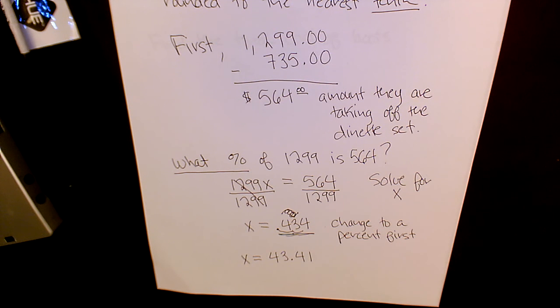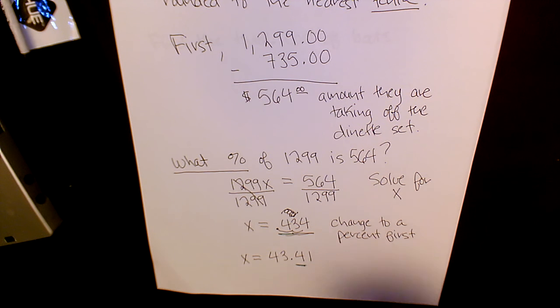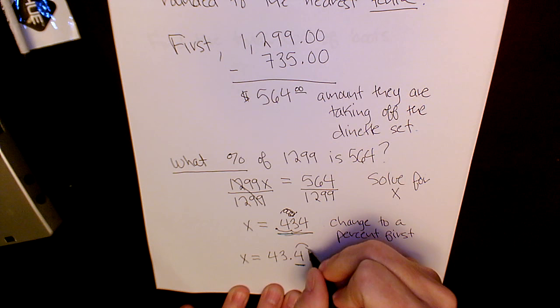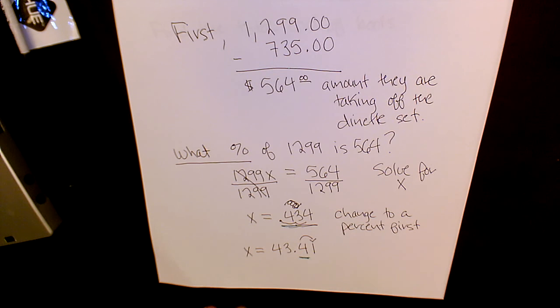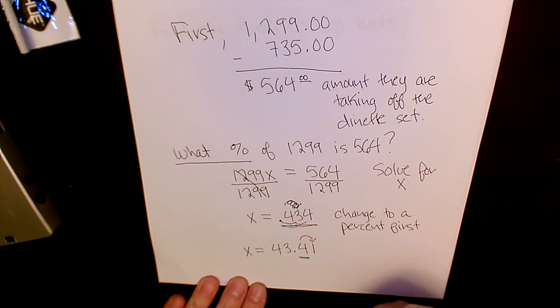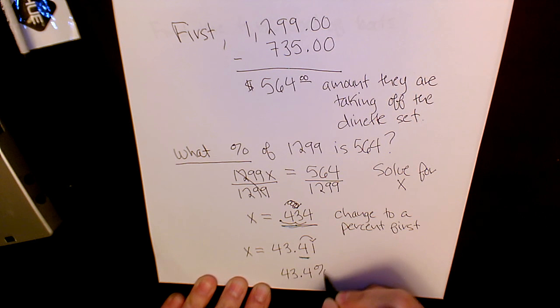Now I want to look and say, after I change it to a percent, who's sitting in the tenths spot? It's still a 4, and I look next door, and it's 5 or lower, so it's going to stay 0.4.